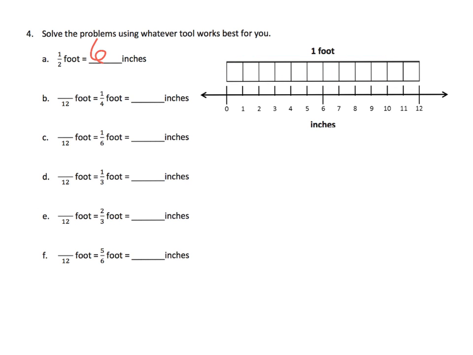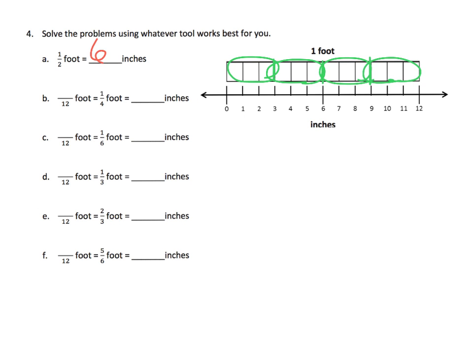Okay, so I'm going to make that go away. Now we've got: what fraction out of 12 of a foot is equal to a quarter of a foot, which is equal to how many inches? This quarter of a foot, that's the key. That tells us we're going to take our foot and break it up into 4 equal-sized pieces.